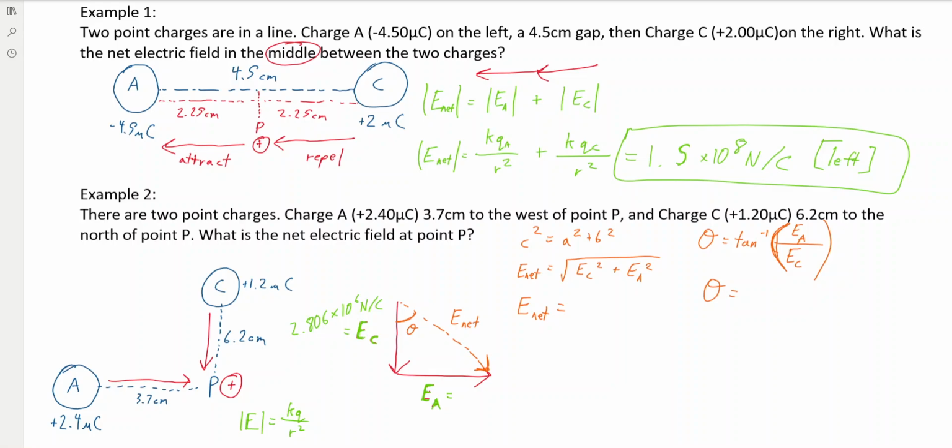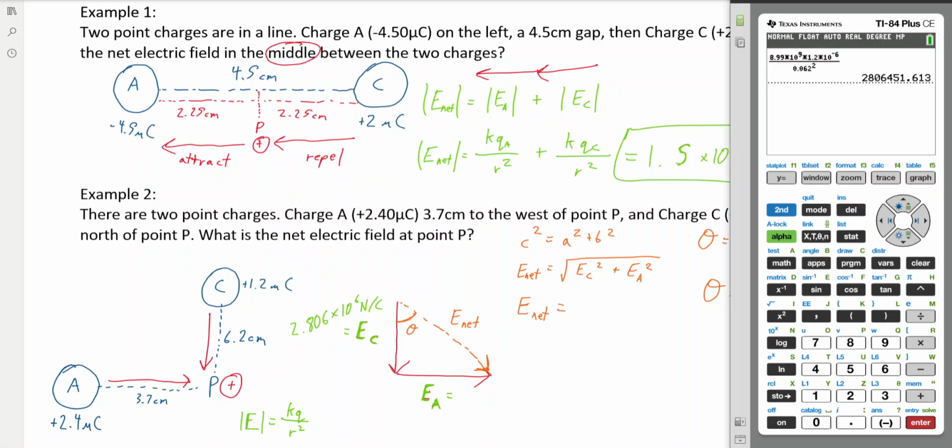Okay, and then we're going to do the same thing for A. So it's basically the same expression, but we're changing the distance to be 3.7, so 0.037, and we're changing the charge to be 2.4. Other than those changes, it's the same sort of thing.